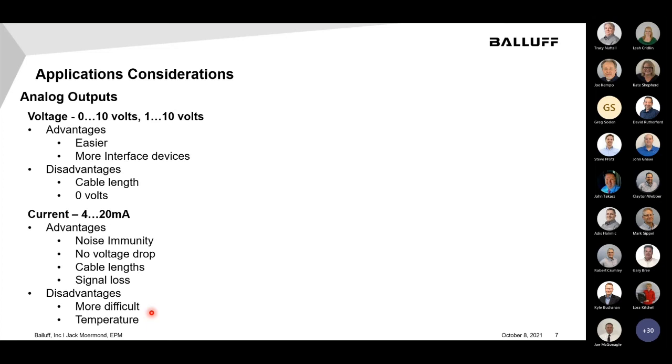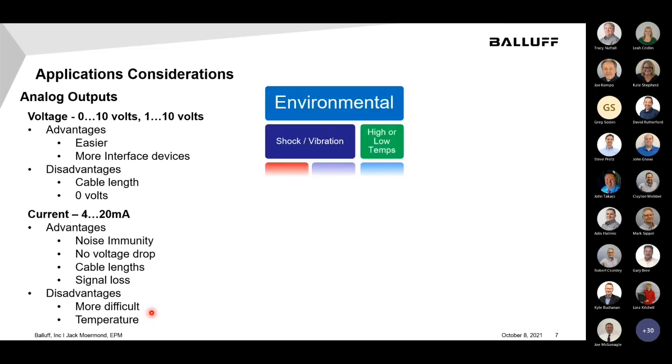Some other considerations, or things that you need to talk to customers about, is environmental conditions. This is big in some cases. I'm working on some projects right now on BTLs where BTLs are being used in some very high shock, high vibration applications, and components are breaking and so forth.